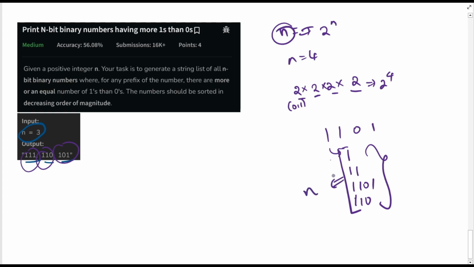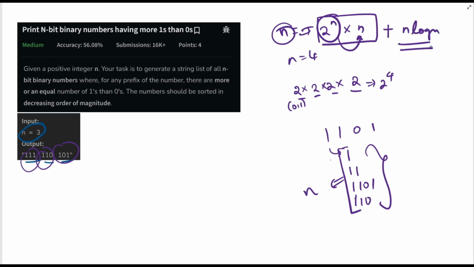You can see that there are n such prefixes, right? So in the brute force way, you would try out all possible combinations, and for each you check all of its prefixes. After that, you will sort all of these elements, and that will be the output that you give. So that is what brute force is.